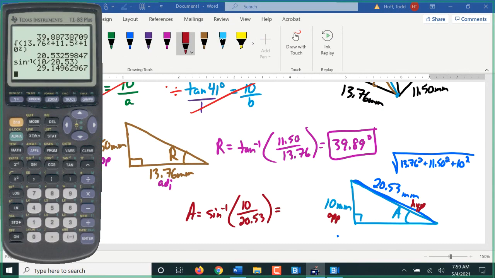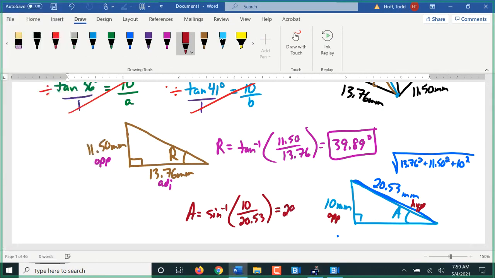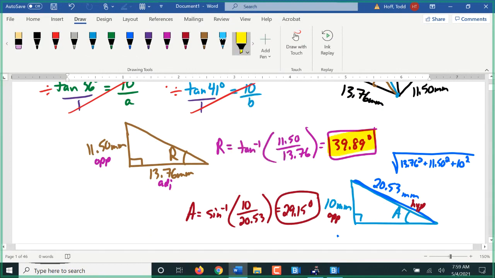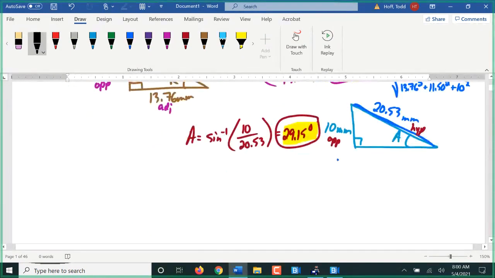We get 29.15 degrees. There's my angle of rotation and angle A. My rotation, 39.89 degrees. My angle A, 29.15. So very similar to what we've worked on in the past.